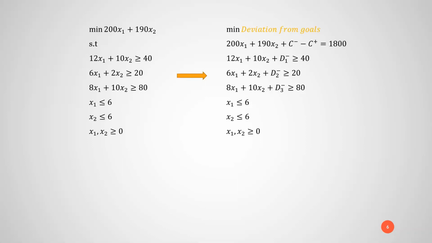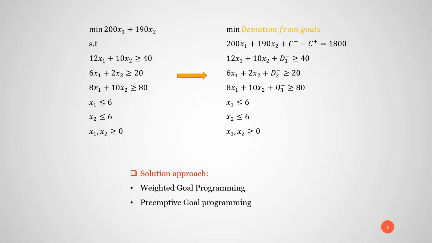We will focus on two of the methods, which are the weighted goal programming and the preemptive goal programming. In the weighted goal programming, we consider weights for each variable that is linked with the underachievement and overachievement deviations. Then we will solve the resulting objective, including the weighted deviation element. And in the preemptive method, we will decide the priority levels for the goals, meaning that priority level 1 is for the most important goal, and so forth.